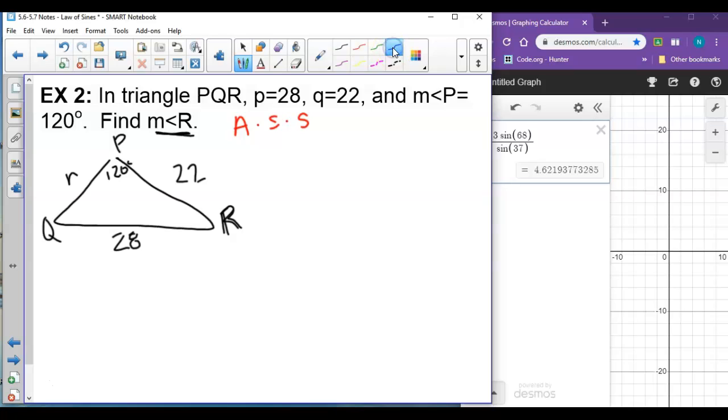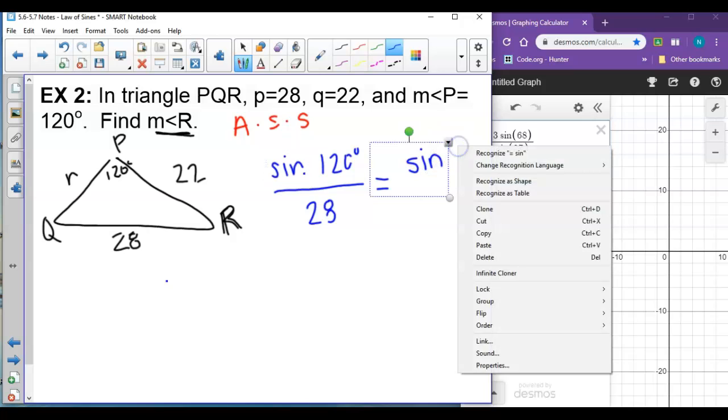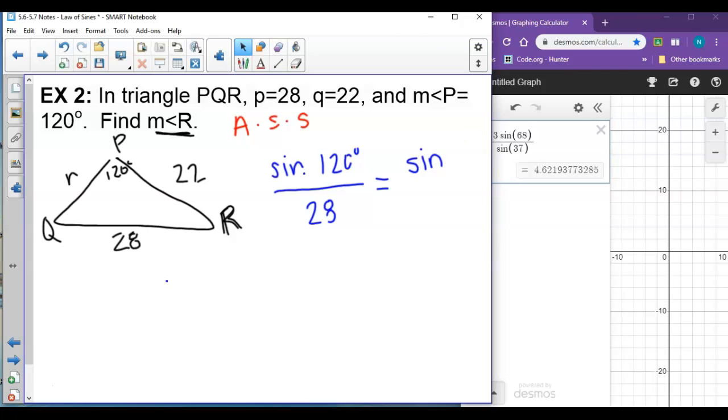So for this problem, we are going to say sine of 120 over 28 equals sine of Q over 22.